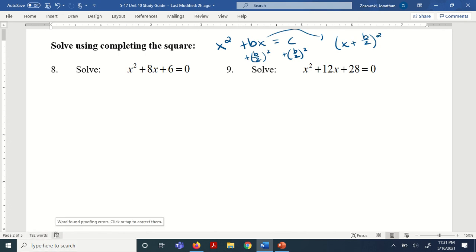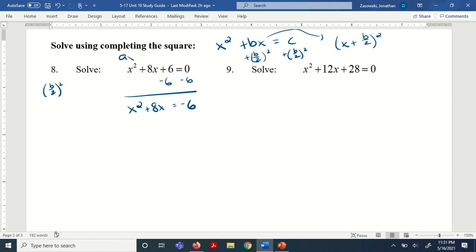So first step, we want the x's on one side, so minus the 6 from both sides. And I get x squared plus 8x equals negative 6. Second step, we're going to do the b over 2 squared. So remember, b, if it's ax squared plus bx plus c equals 0.